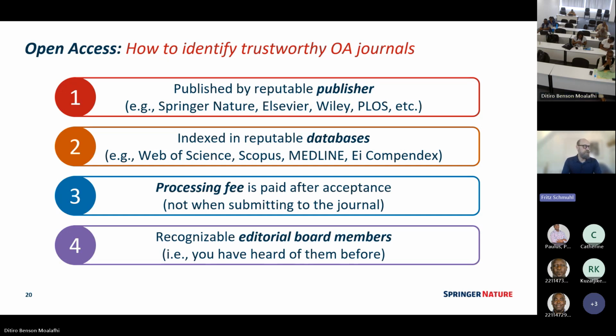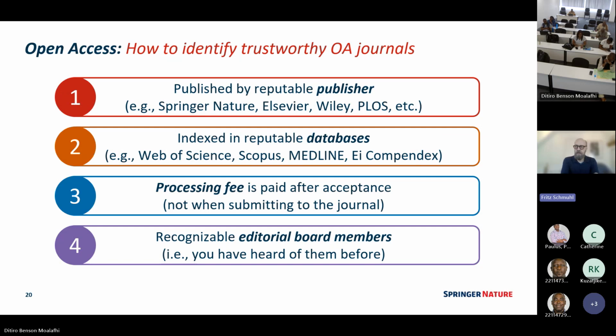First of all, make sure that the journal is published by a reputable publisher. Here I show four of the biggest publishers globally. There are small publishers globally that are completely legitimate, that will subject your article to the correct rules of peer review. They will get your article indexed in reputable databases. So by no means does it mean you have to go to a big international publisher.